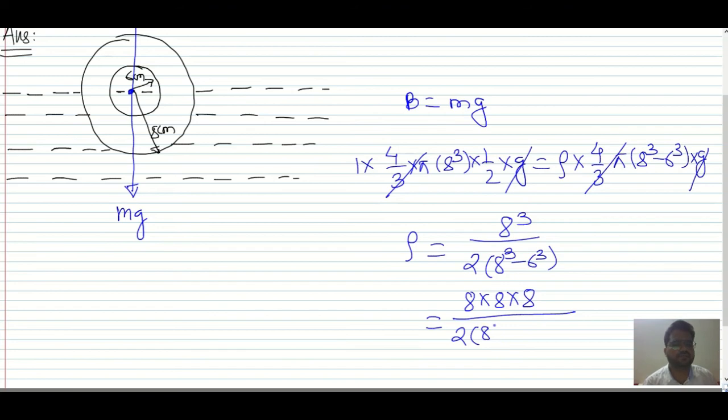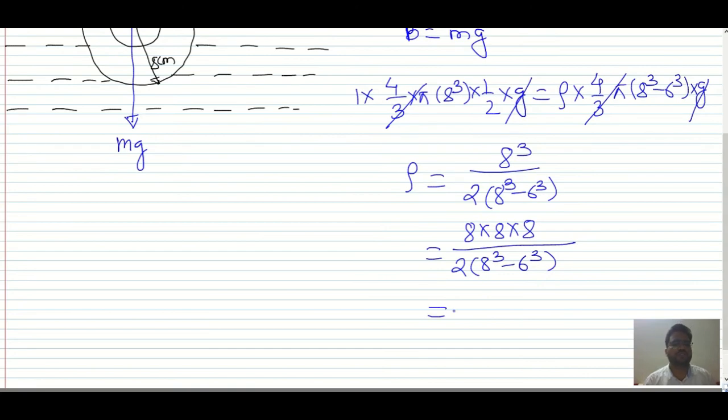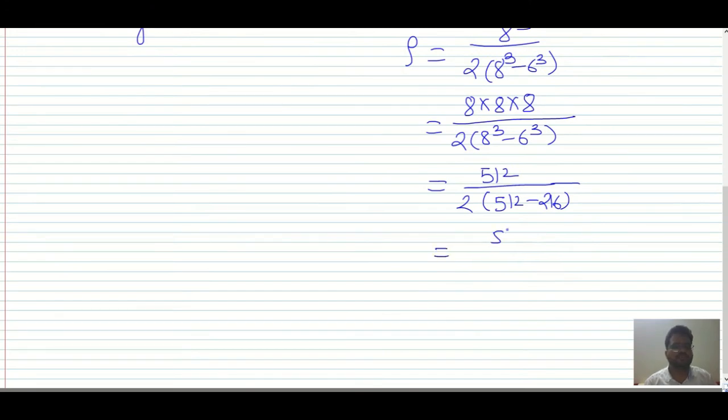Let's solve it now. 8 into 8 into 8 is 512, divided by 2 in bracket 512 minus 6 cube, which is 6 into 6 into 6, 216. So this is equal to 512 divided by 2 into 296.